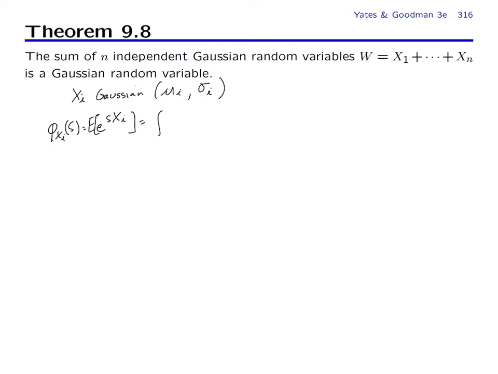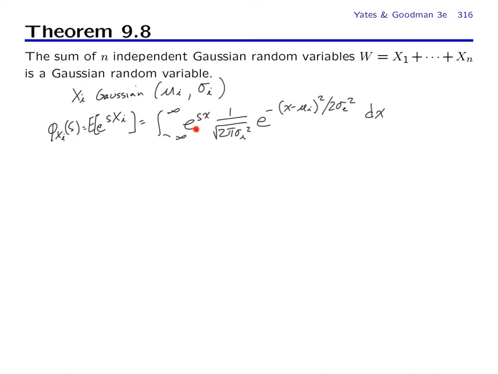and this is equal to the integral from minus infinity to infinity of e to the sx times the PDF of x, which, since we're all good with Gaussians, everyone can just write down: e to the minus x minus mu i squared over 2 sigma i squared dx. Frankly, this integral is a big hairball.